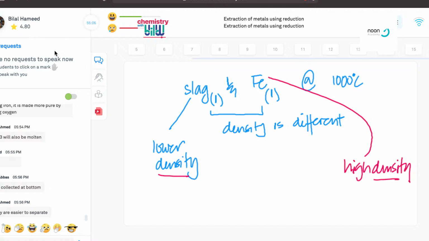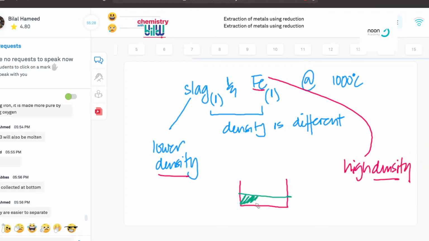And so, because metal, always remember this, transition elements are highly dense. They sink, dense. Can you remember that? So when you do get them in the liquid form at the bottom, they will be two layers.